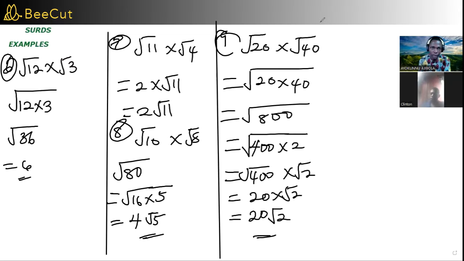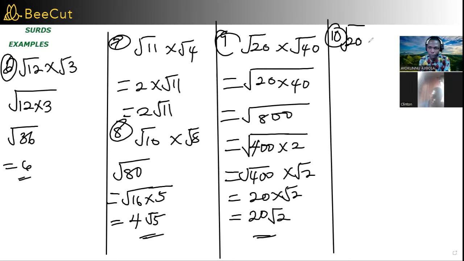So finally, under that aspect is one more example. Example 10, we have the square root of 20 times the square root of 80. Do this and tell me.